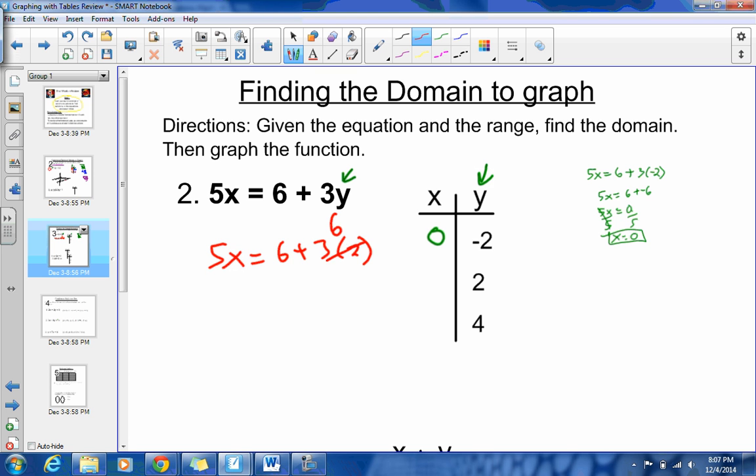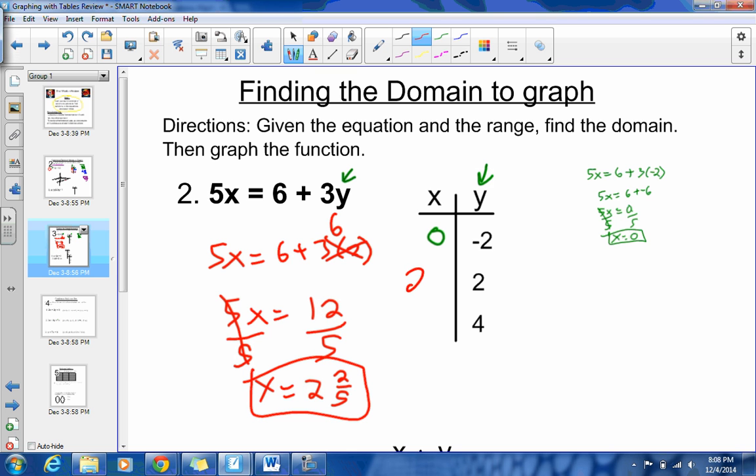So that would be 6 plus 6. So 5x equals 12. Divide both sides by 5. X equals 2 2/5, or 2.4 would be the decimal of this answer. Solve for x, we're done. So 2 2/5, which would be 2.4.